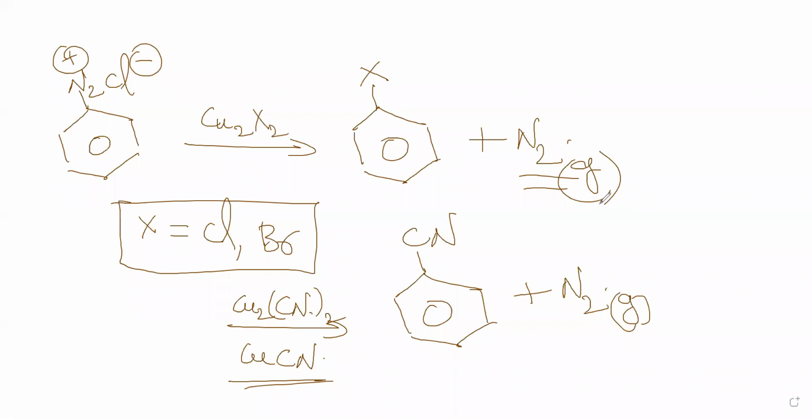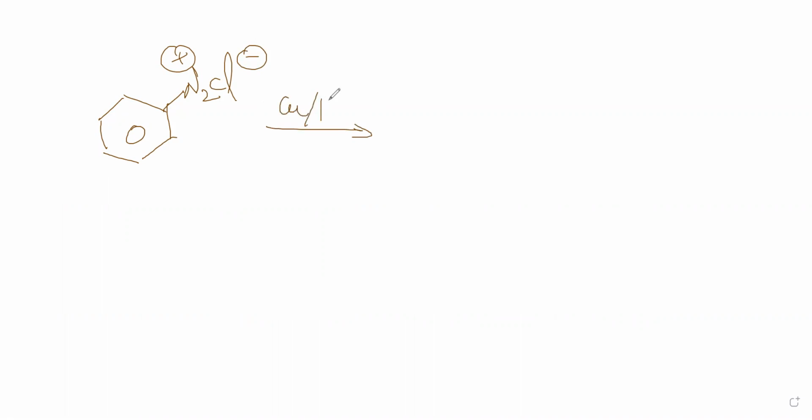Now, what are the other alternatives within the reaction? You can take benzene diazonium chloride and treat it with a copper HCl mixture. You will get the chlorine substitution here also.